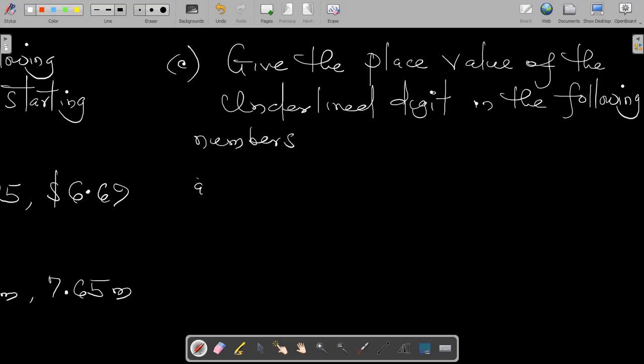So the first question here is 32.5. I'm going to underline 2.